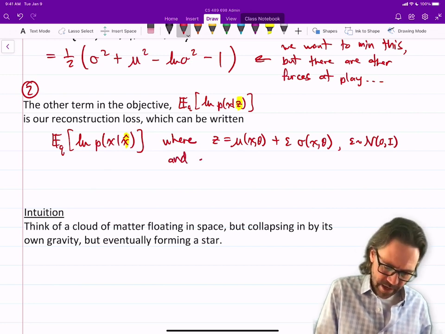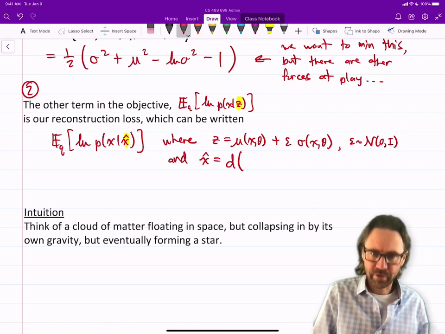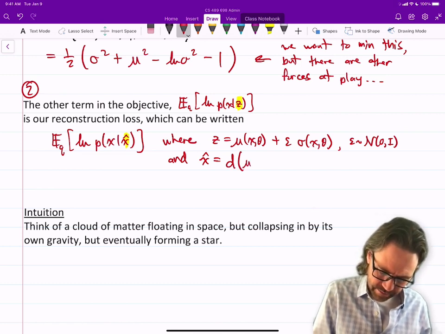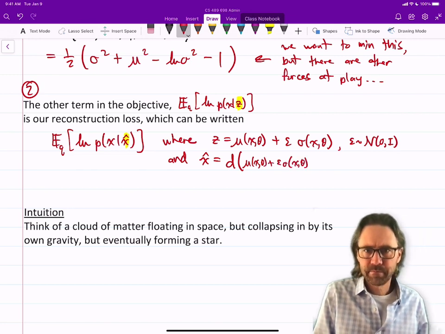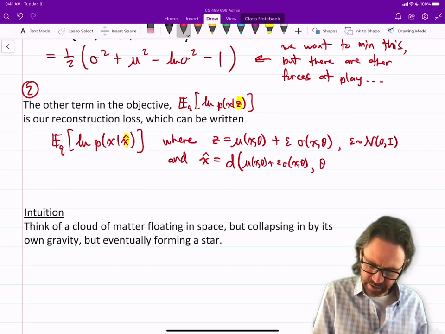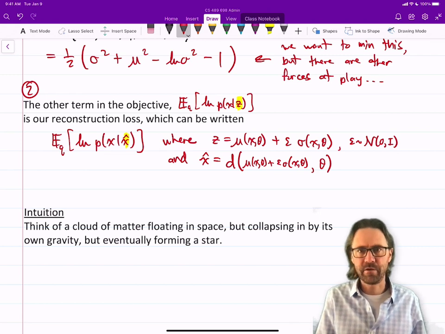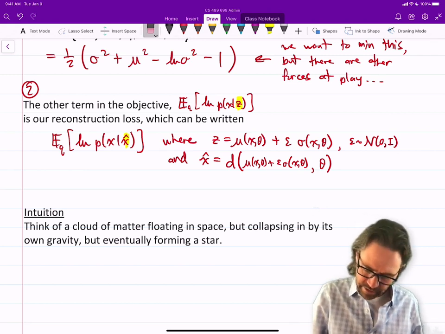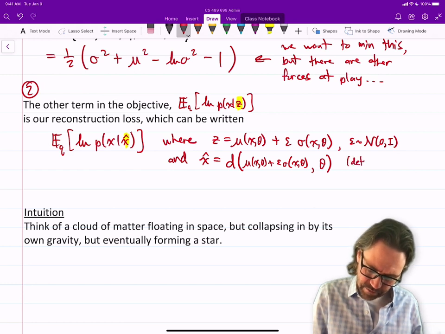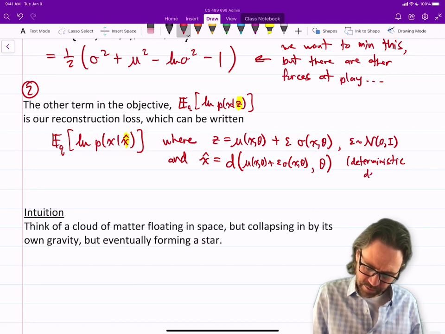And our x hat is the decoder applied to that z, and it also has, I'm just writing theta for all the parameters in our encoders and decoders. And now this is a deterministic decoder.